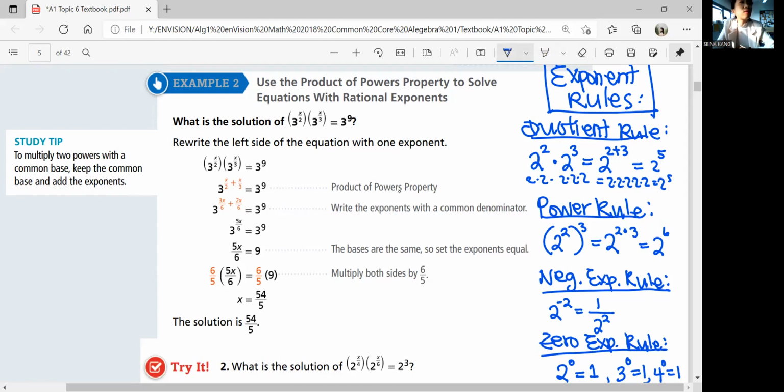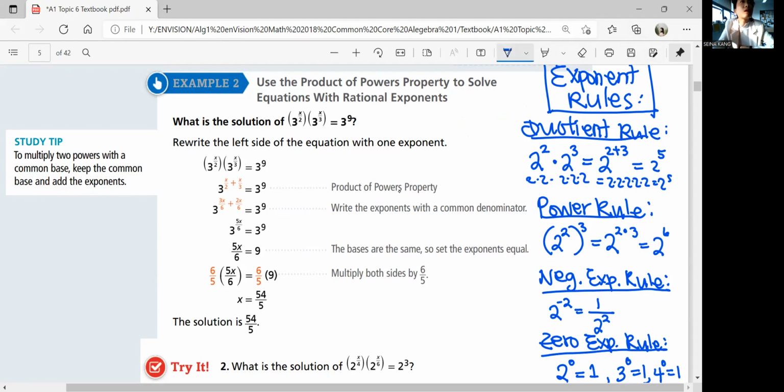If we have a product of powers, we have the same base, 2 to the power 2 times, wait, yeah, it's this one, the quotient rule. Sorry. I think the names of the properties are different, but that's okay.